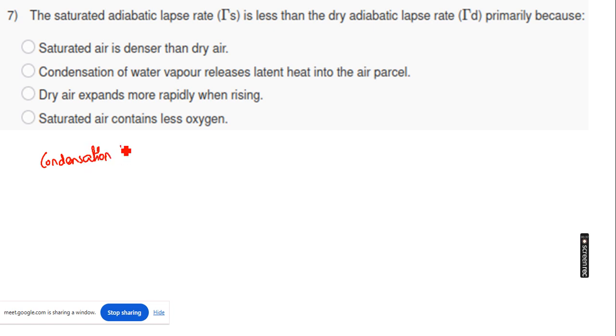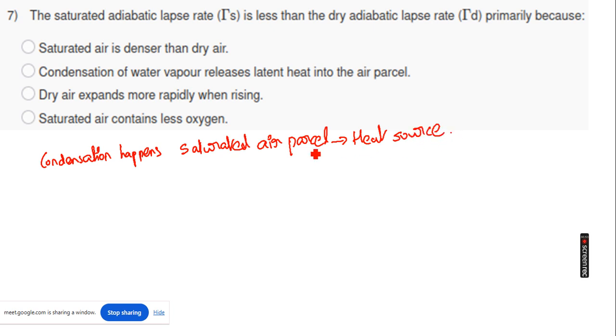Condensation happens in a saturated air parcel, which basically acts as a heat source that keeps on warming the parcel. Because of that, the saturated adiabatic lapse rate will always be less than the dry adiabatic lapse rate.